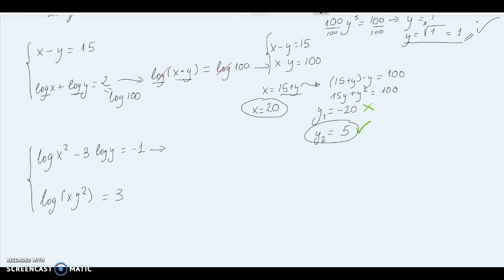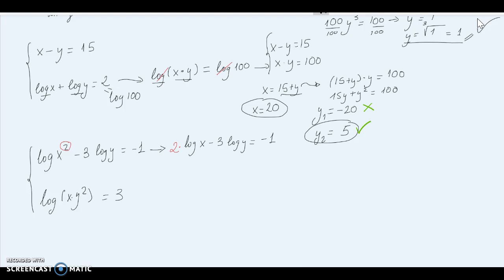For example, the x squared. I'm going to put this exponent down, multiplying. So I'm going to write 2 times the log of x minus 3 log of y equals minus 1. Okay.